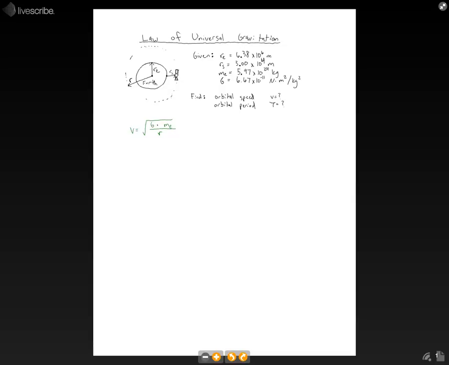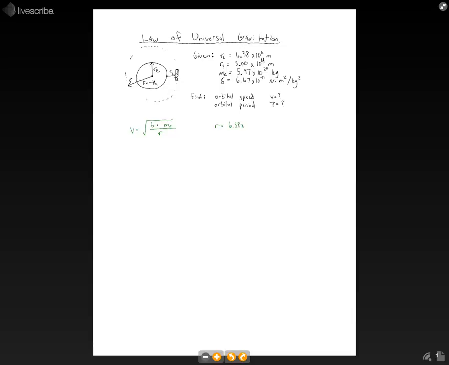So now this radius, we can't actually use the radius of the Earth or the radius of the satellite. We actually want to find the total radius. So let's do that real quick. And that's just simply adding the radius from the surface to the satellite, and also adding it to the radius of the Earth.